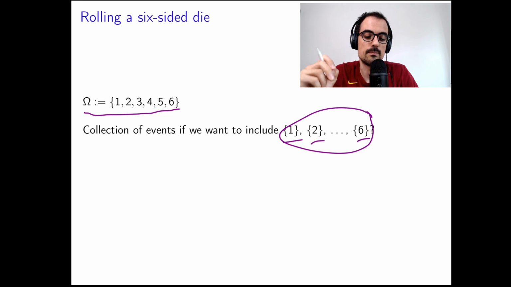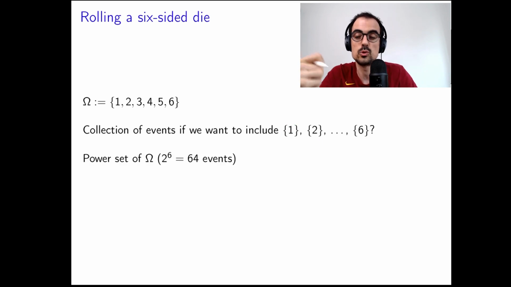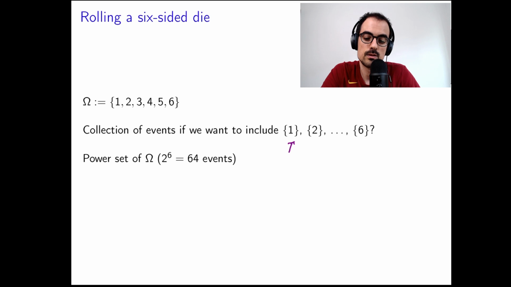That's called the power set, and there are 2 to the 6 possible subsets. The way you can see this is that every time you build a subset, you decide whether you include each of these guys. Because there are 6 such choices, the number of possible subsets is 2 to the 6. So there are these 64 events.